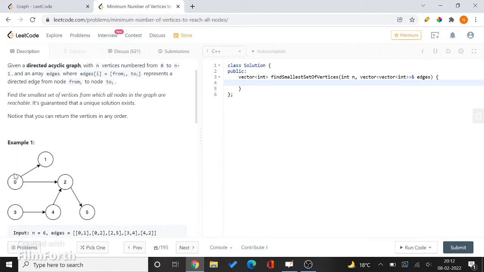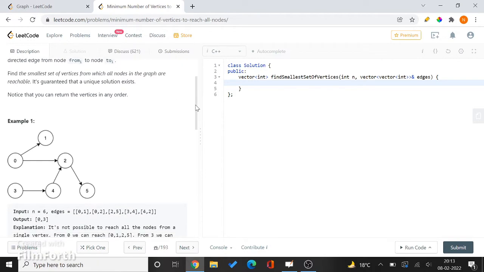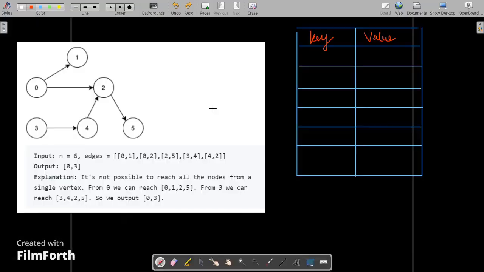From only one node, it is not necessary that we are able to reach all the nodes in the graph. That is why we are asked for the smallest set. The set can have one element, two elements, three elements, or maybe more than that, given the required size of the graph. So let's see how to solve this question.